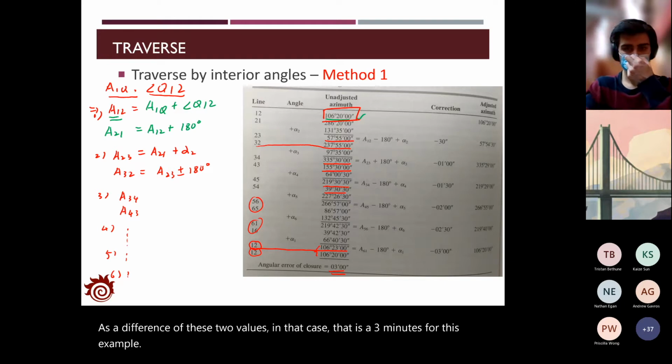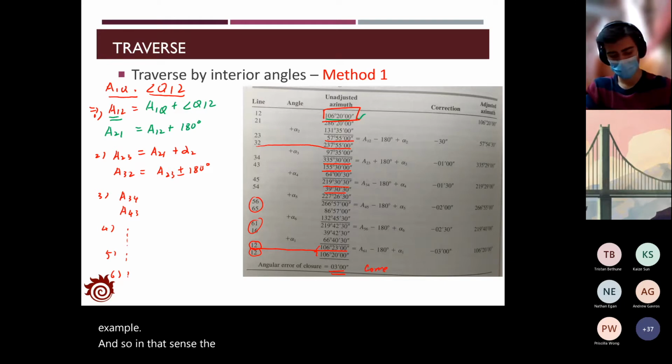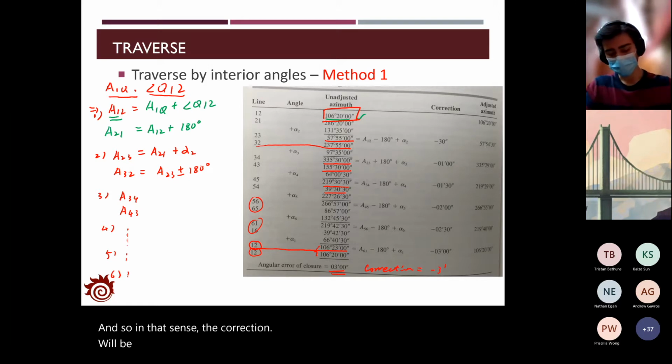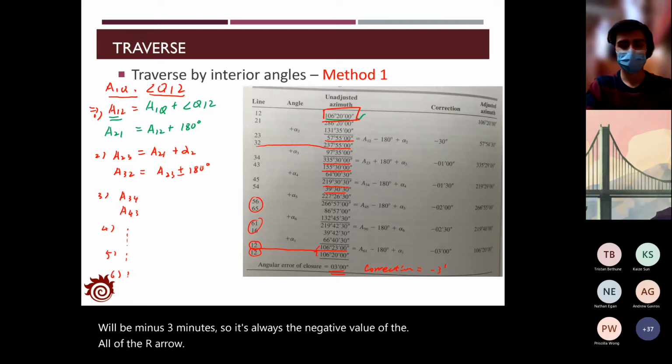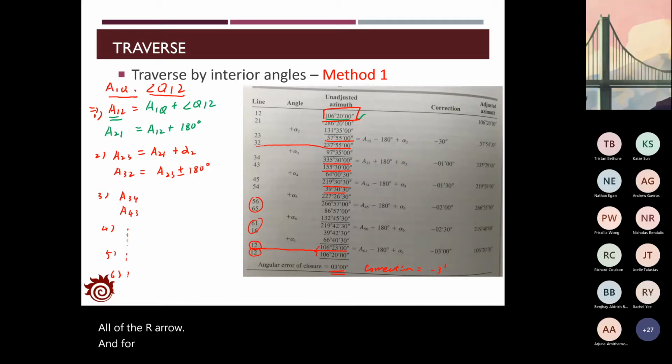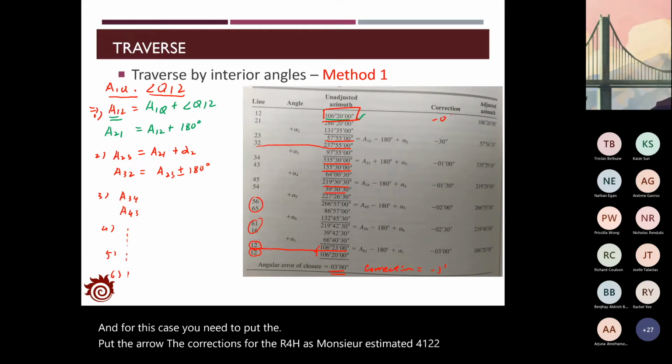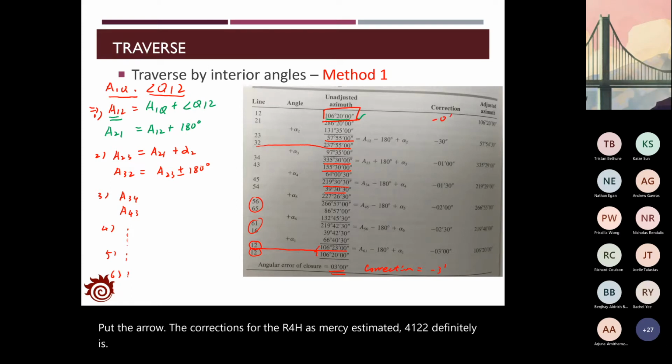And so in that sense, the correction will be minus 3 minutes. So it's always the negative value of the error. And for this case, you need to put the corrections for each azimuth you estimated. For 1 to 2, definitely it's 0 seconds, because that will be the true value.